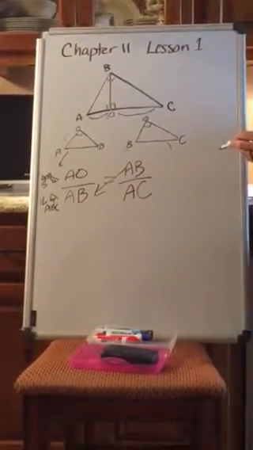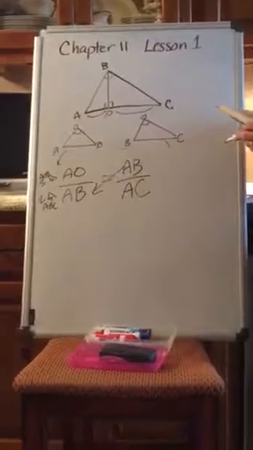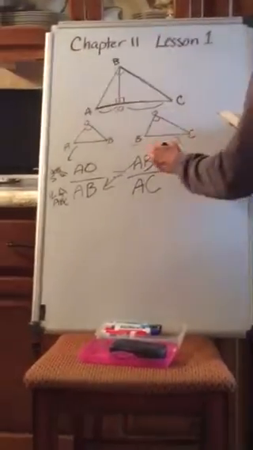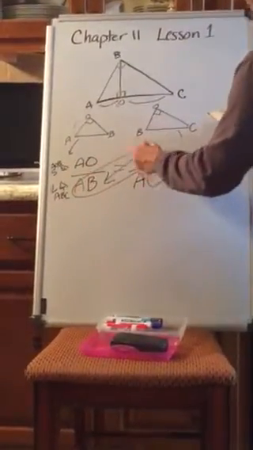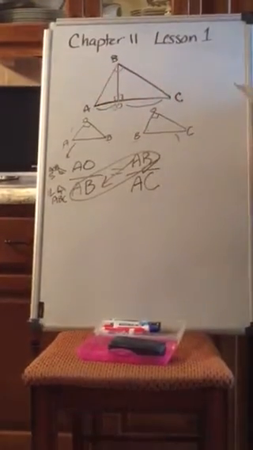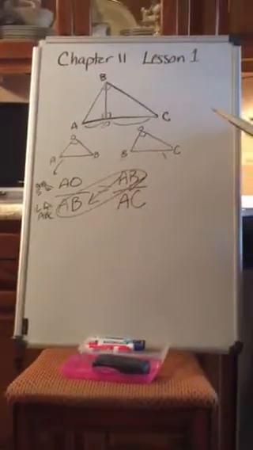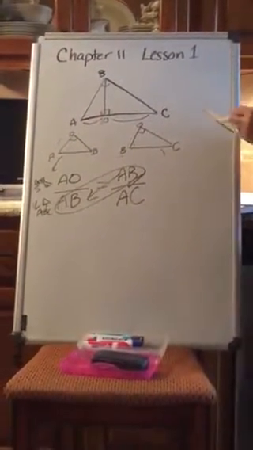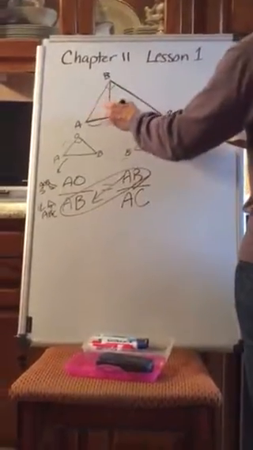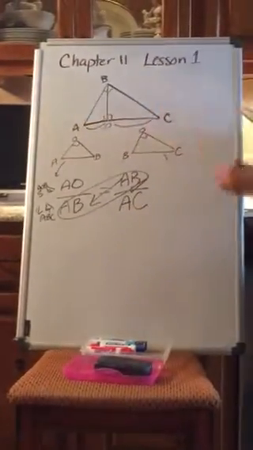And so therefore we can say that AB, the shortest leg in the original triangle, is the geometric mean between AO and AC.